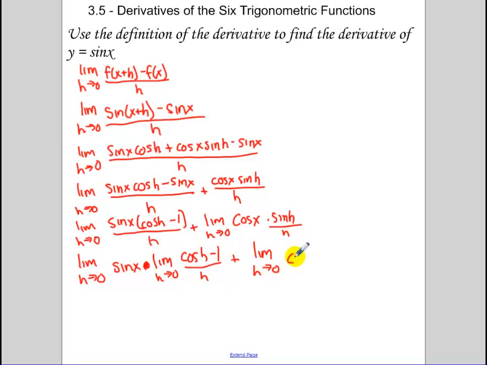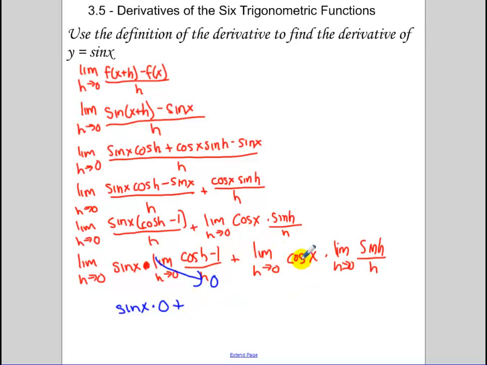Remember, we don't have a product rule for derivatives, but we do have a product rule for limits where I can distribute that limit to each term. Now, limit as h goes to 0 of sine of x. Well, that's just the sine of x. That's standing for essentially a constant, times, remember, this limit was 0.